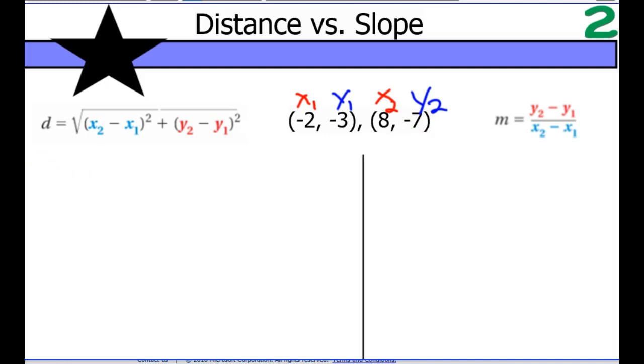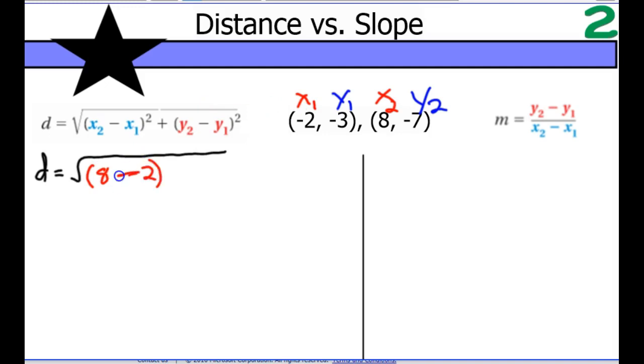So we need to find our distance first. So d equals the square root of x2 minus x1. Our x2 is 8 minus our x1, which is negative 2.